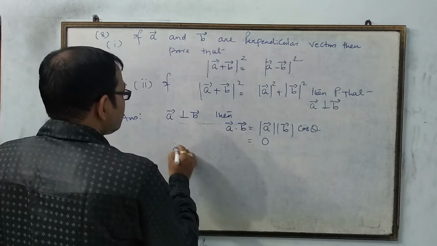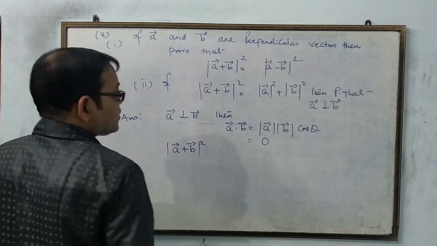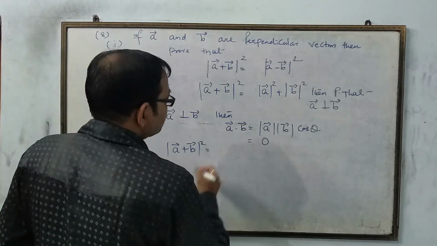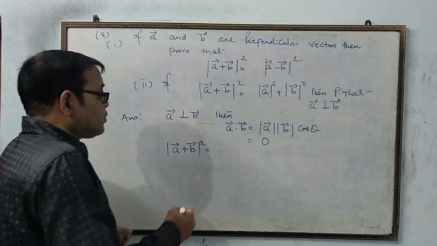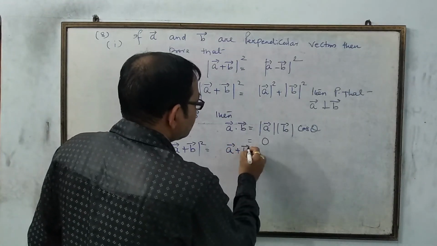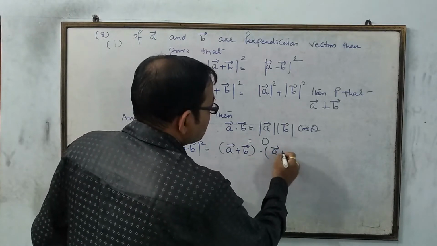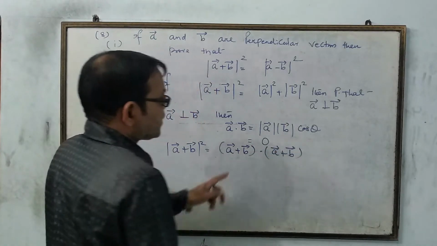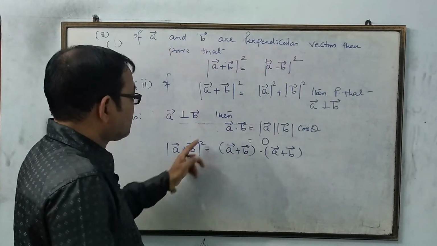Our question is to prove A plus B mod square is equal to so and so. So what is A plus B square? We know that the dot product of two equal vectors is the square of its magnitude.